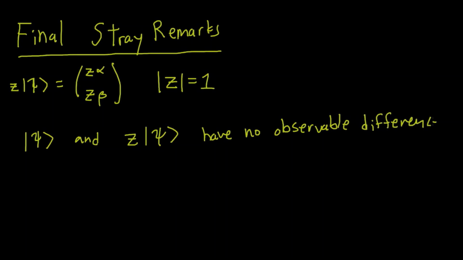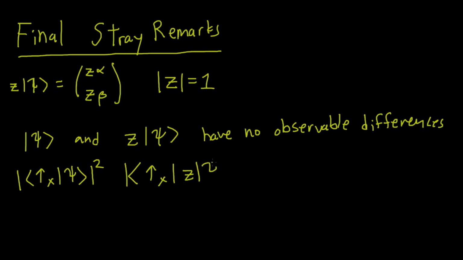If you want to measure the spin of psi along the x direction, the probability that it has spin up is just that, right? If you want to measure the probability that z psi has spin up along the x direction, then the probability that it's going to have spin up is equal to this.